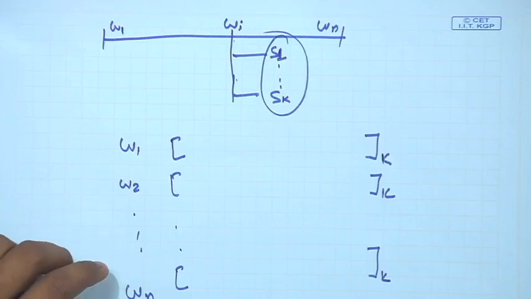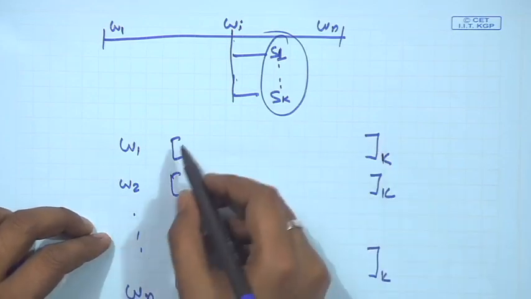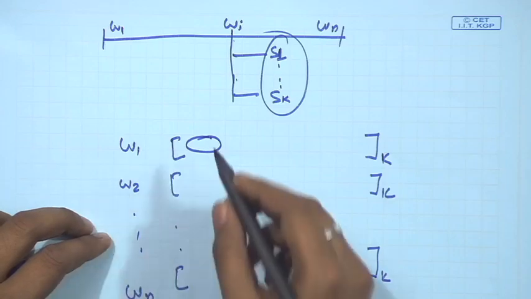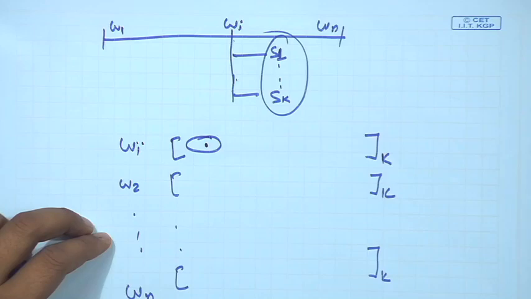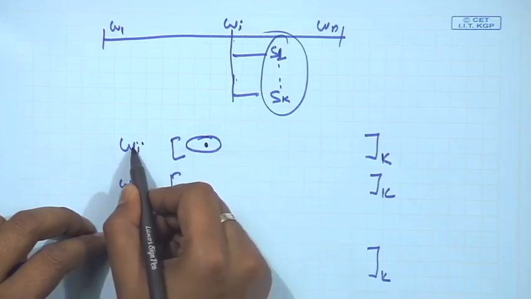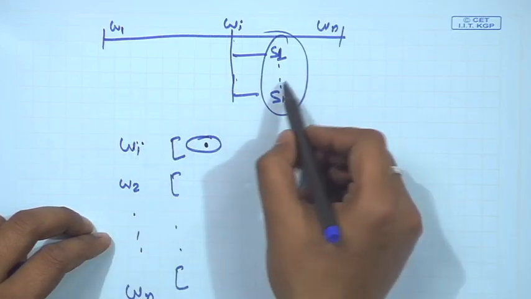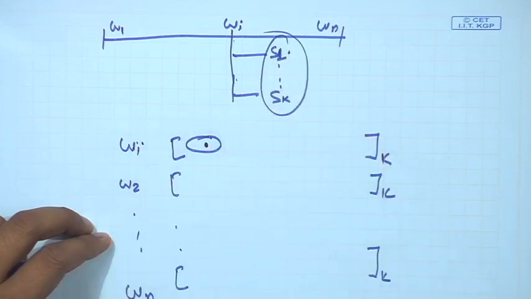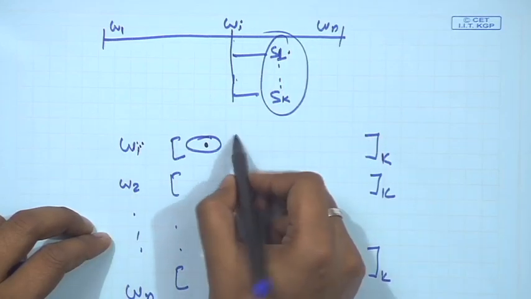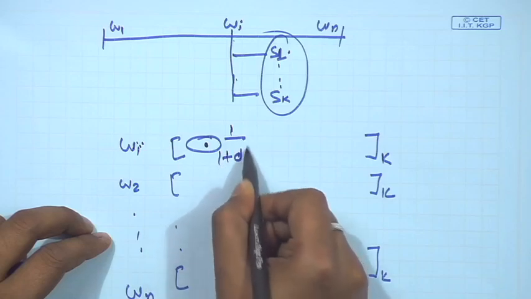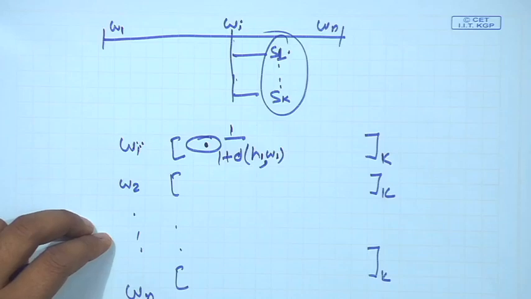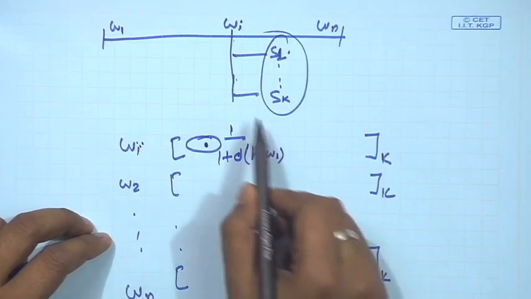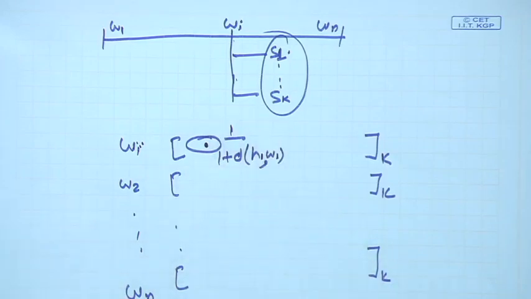Now, what are the entries in this vector? This entry tells me how much contribution this word will make to the first hub. If the particular hub h1 or the sense 1 is an ancestor of this word w1, it will be 1 divided by 1 plus the distance of h1 and w1. So, if the distance is high, this score will be low. If the distance is smaller, this will give a high score.